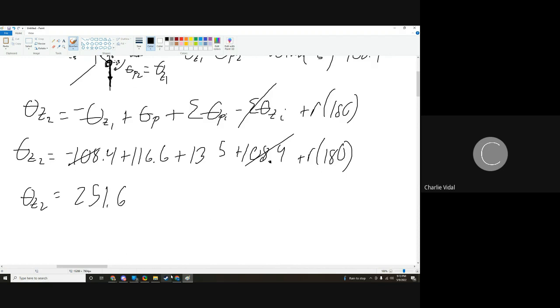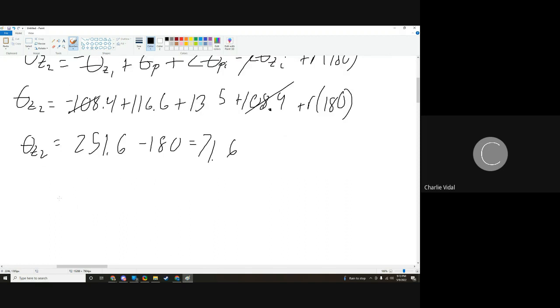Let's see. So going back to this, theta z2 is 251.6. So this is going to be -180. It's usually -1, but as I said, it could be -3, +1. It just depends on the case, and this will give us 71.6. In this case, theta z is less than 90, so we don't have to do the whole theta z prime stuff. We could just go straight into this, which is 10 over tangent of 71.6, which is equal to 3.3.